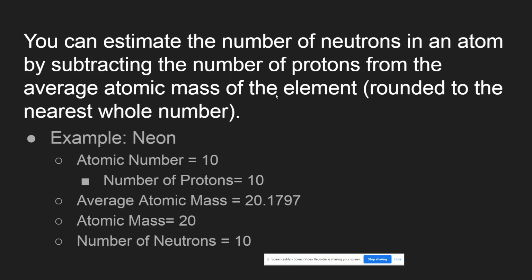A great thing to do is just round to 2 decimal places if your periodic table has more. It doesn't really make a big difference when you're rounding average atomic mass to the atomic mass. So to figure out the number of neutrons, I do 20 minus 10, which gives me 10.